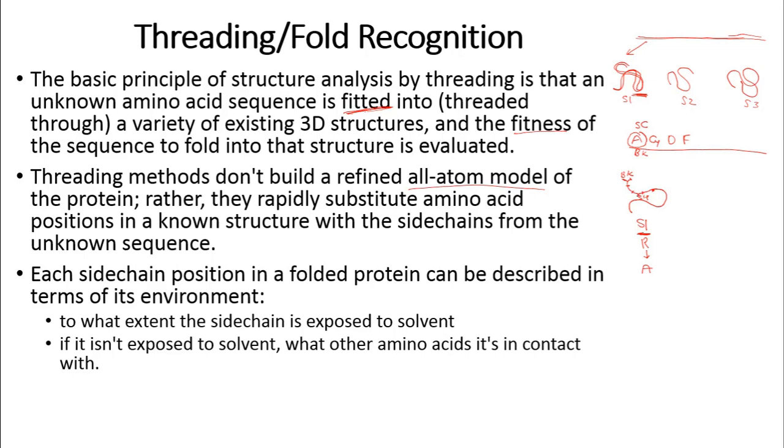Okay, so you would consider factors like, to what extent the side chain is exposed to solvent. Well, say for example, over here, if this much portion is exposed to solvent, and in your fitting procedure you have figured out कि over here you have predicted कि यहाँ पर valine रहेगा. So valine is what? Valine is non-polar.